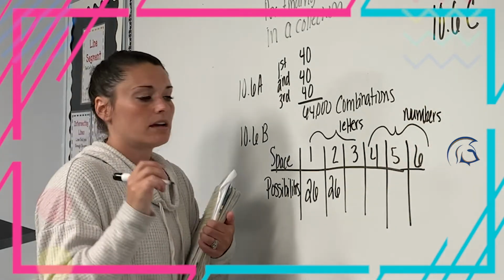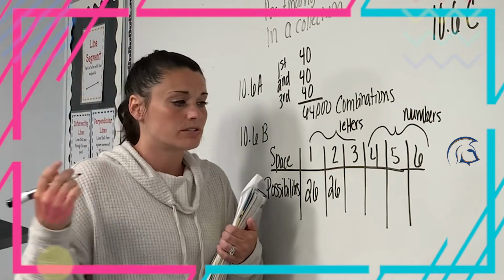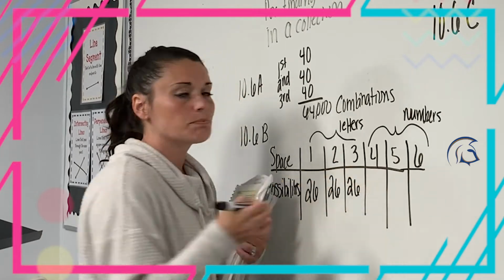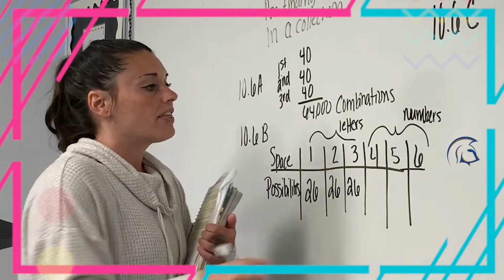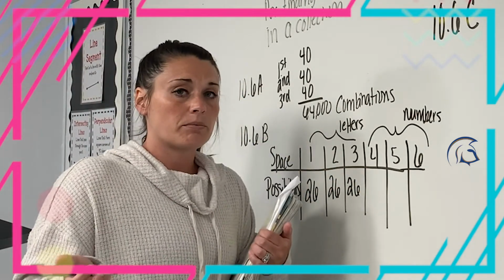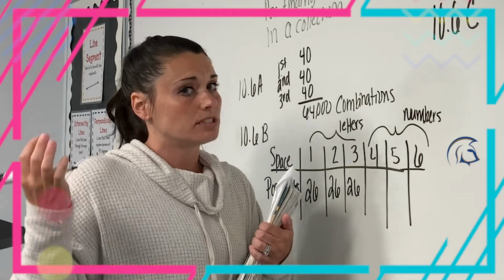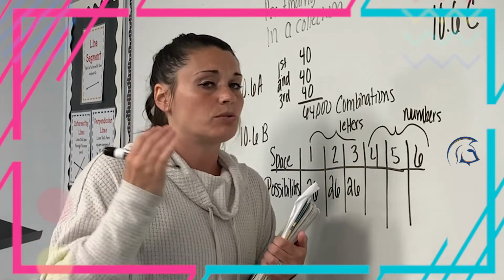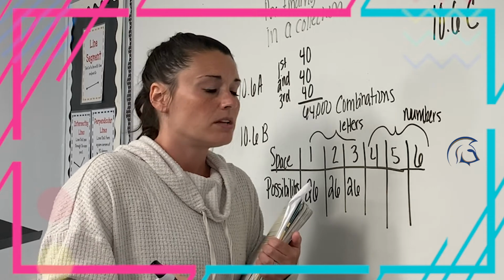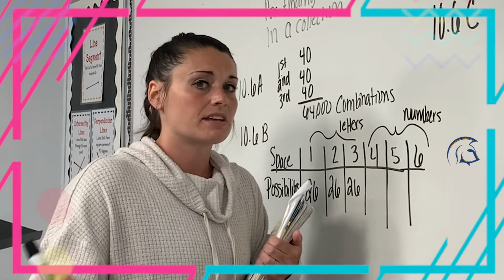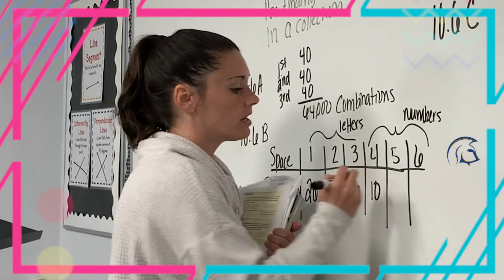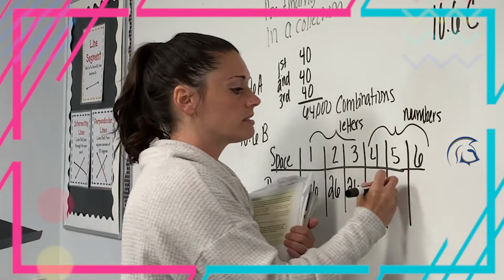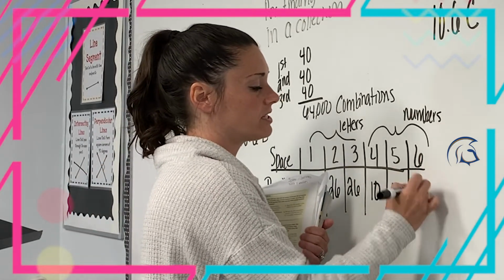In the third space, we're still on letters, 26 possibilities. And then on the fourth space, we get into our numbers 0 through 9, which is actually 10 numbers because you count 0. So 0, 1, 2, 3, 4, 5, 6, 7, 8, 9 is 10 numbers. So there's 10 possibilities. Same for 5, same for 6.